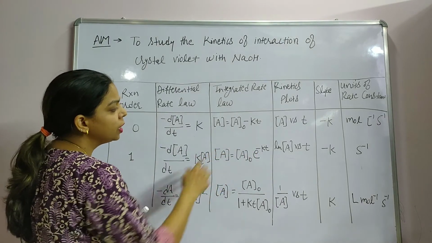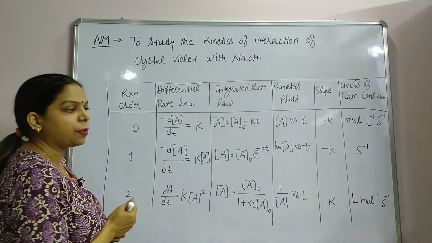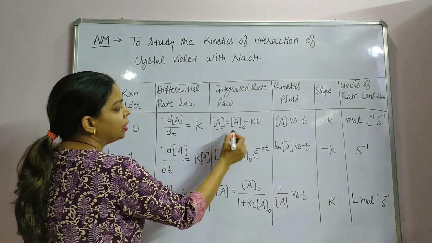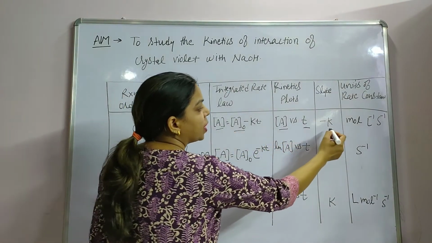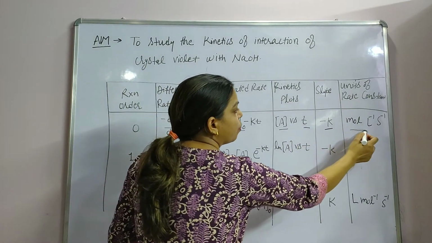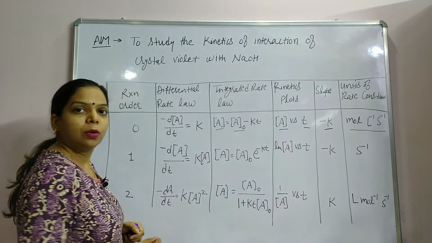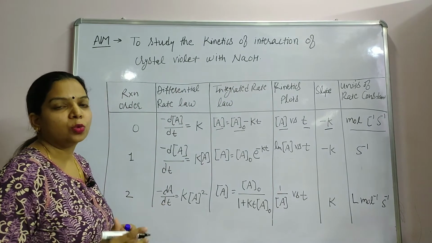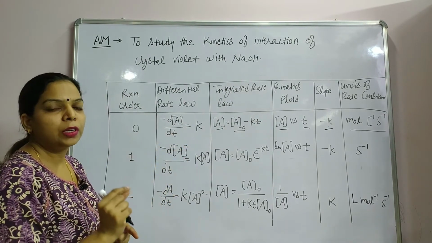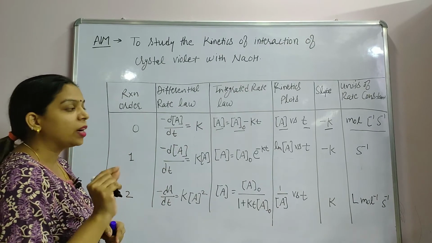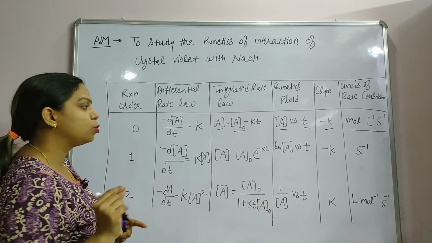So we are plotting this equation actually in our experiments. We have plotted CVT and CV naught, A versus T, and the slope has to be negative. The units for the rate constant will be moles per liter per second. So in the results you have to report the rate constant, which is the slope of the graph, with units, whatever order your reaction comes out to be.